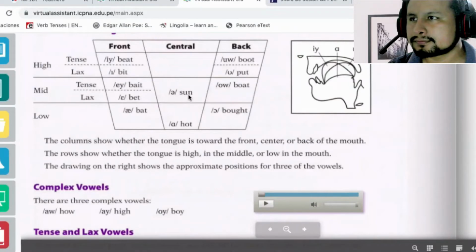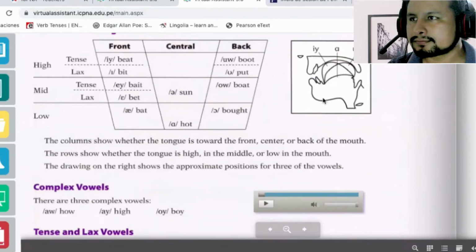For example, in the word sun. The sun. Okay? Now, I said that this is the most important vowel sound because this is the sound that is normally used in most unstressed syllables in English. I will say that later.